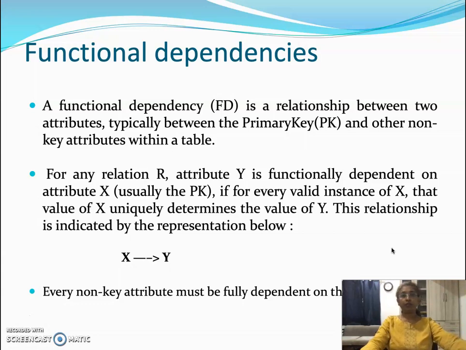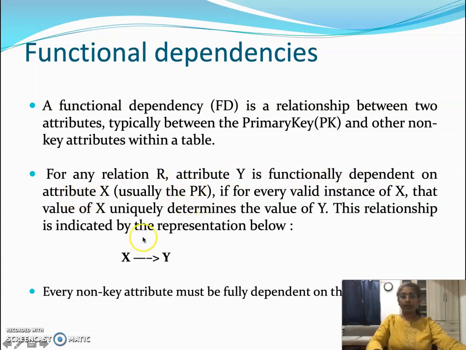Another important topic is functional dependency. A functional dependency is a relationship between two attributes in a table, that is, the primary key and the non-key attribute within a table. Here we see a relation R having an attribute Y, which is functionally dependent on the primary key.